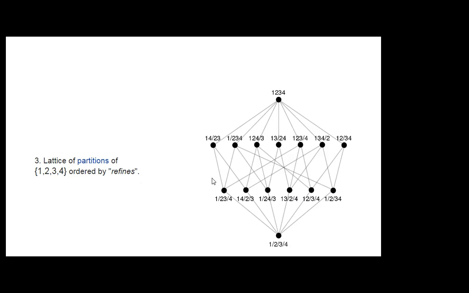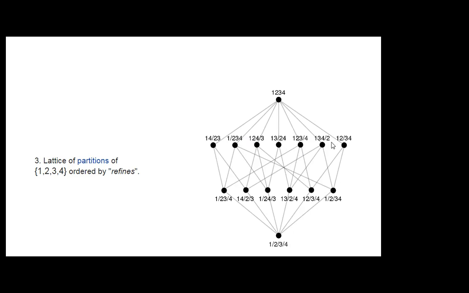Now again, what will be done in the next step? The next step is 1, 4, 2, 3. 1, 2, 3, 4. 1, 2, 4, 3. 1, 3, 2, 4. Then 1, 2, 3, 4.